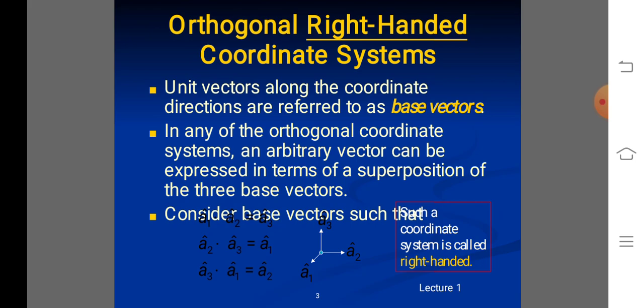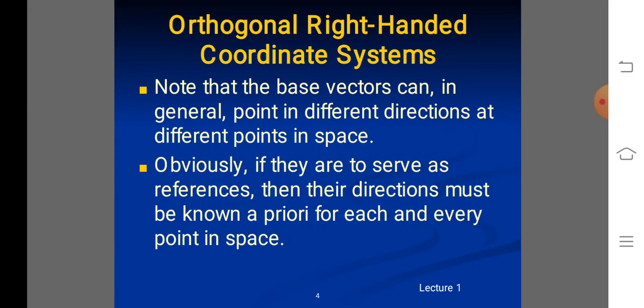The vector r can be represented as x a_x vector, y a_y vector, z a_z vector. Obviously, the unit vector in a given direction is the vector in that direction divided by its magnitude.